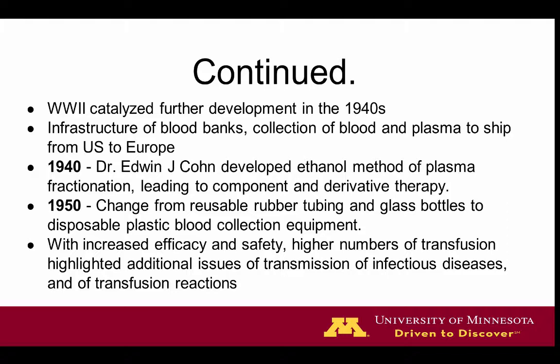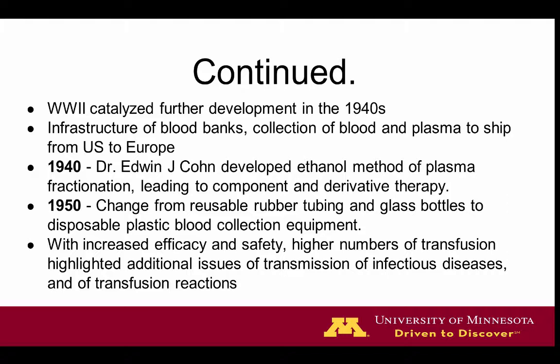so that now albumin could be collected to be used for its oncotic properties. And in 1950, a major change was a move from reusable equipment, rubber tubing and glass bottles, to more disposable plastic blood collection, which further improved the safety as well as potentially improving the storage time, as these are more closed units.